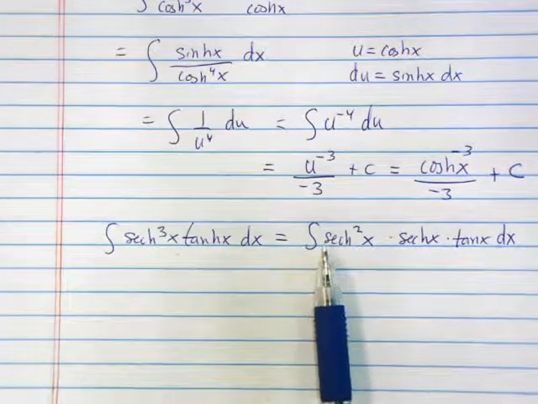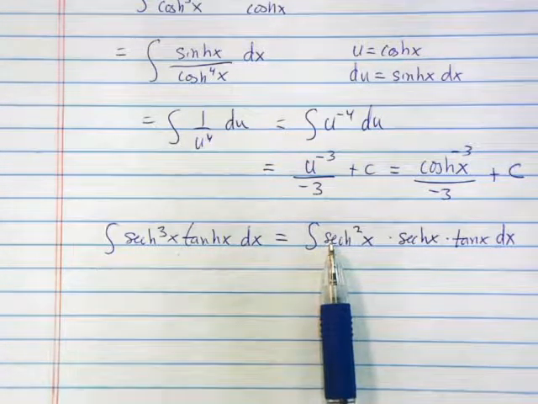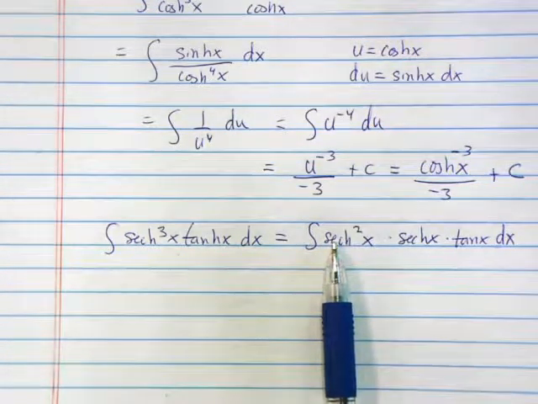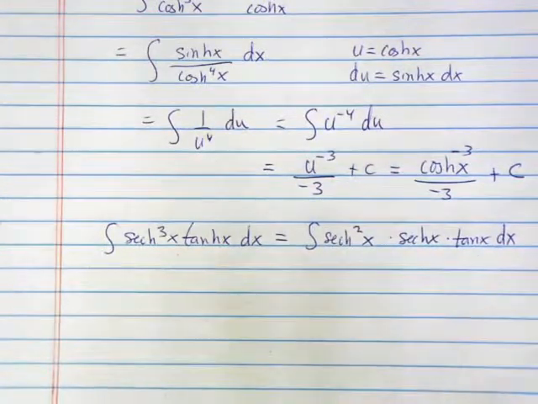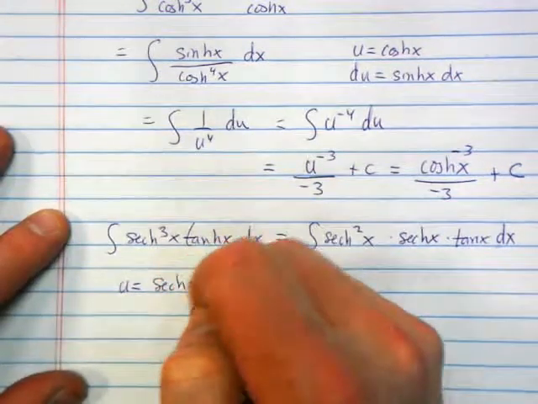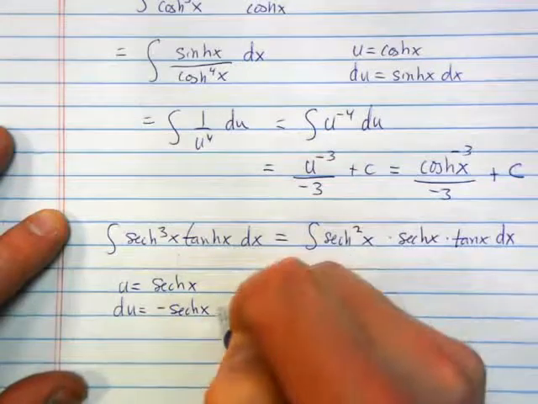What's the derivative of regular old secant? Secant tangent. What's the derivative of hyperbolic secant? Negative hyperbolic secant, hyperbolic tangent. So if I let u be hyperbolic secant, du is negative hyperbolic secant, hyperbolic tangent.